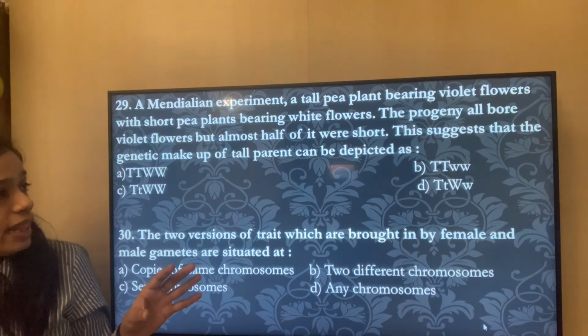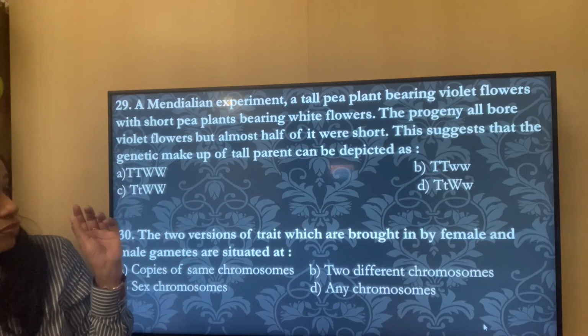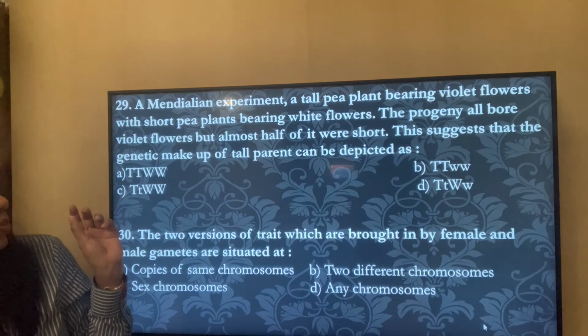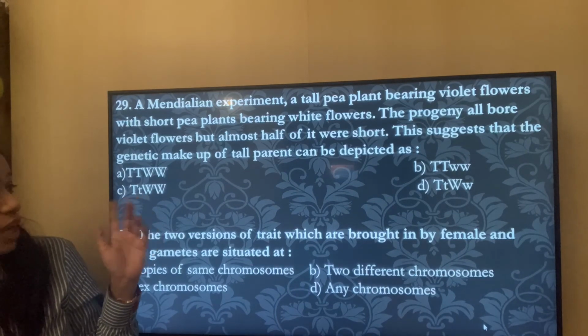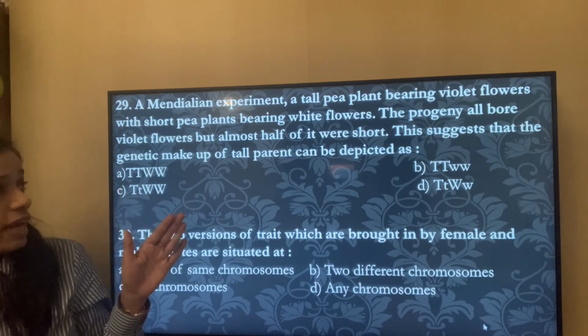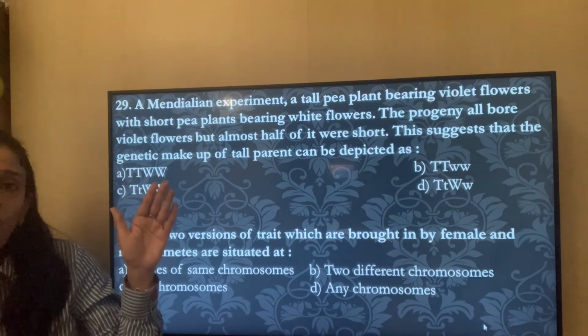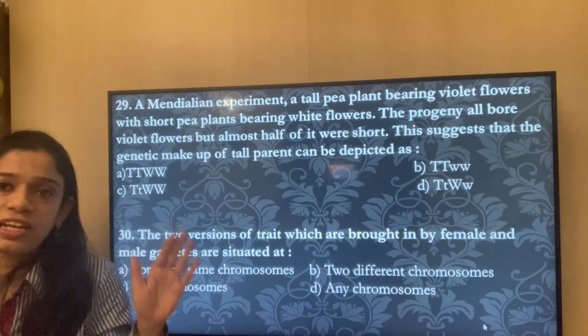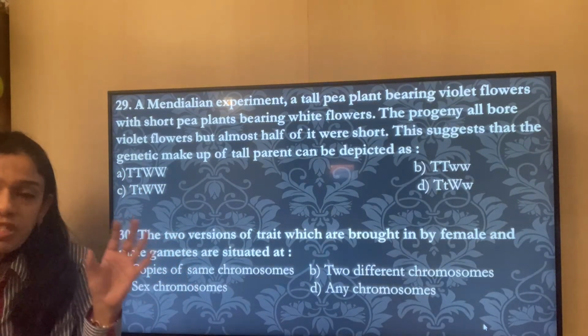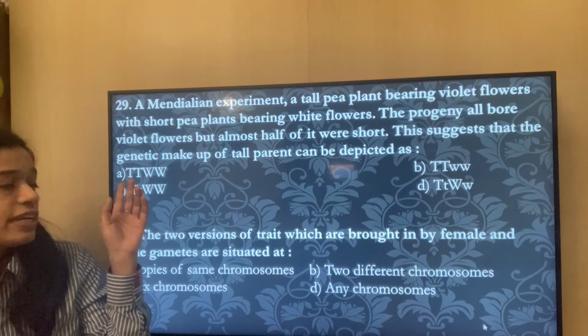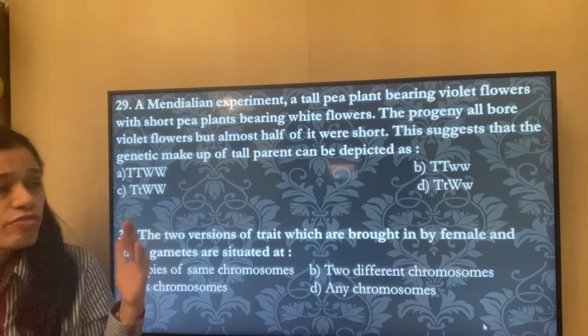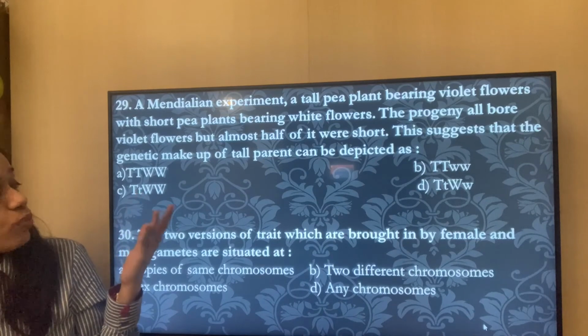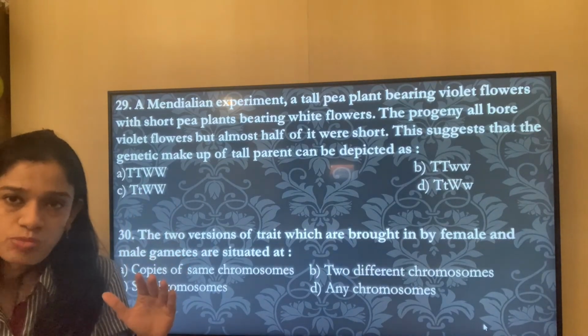So here it should be capital W, capital W. Now we exactly don't know for tall and violet. For tall and short we are taking capital T and small t, and for violet and white, capital W and small w.